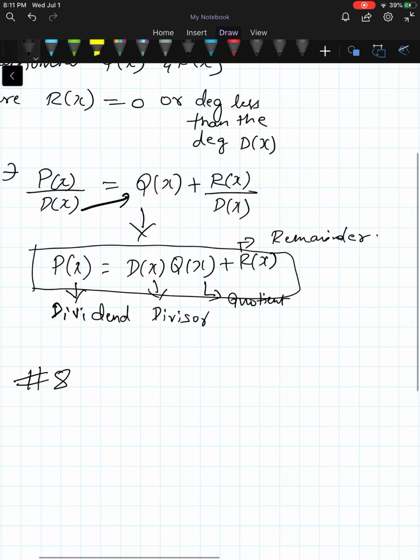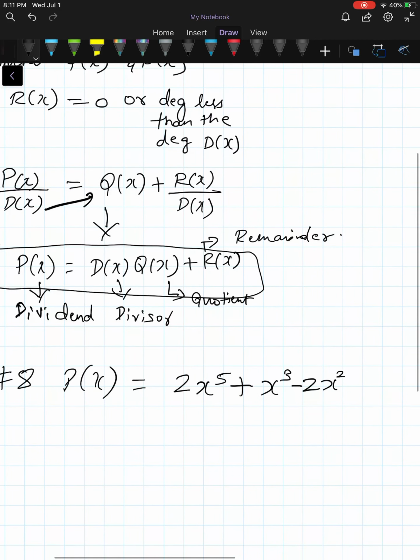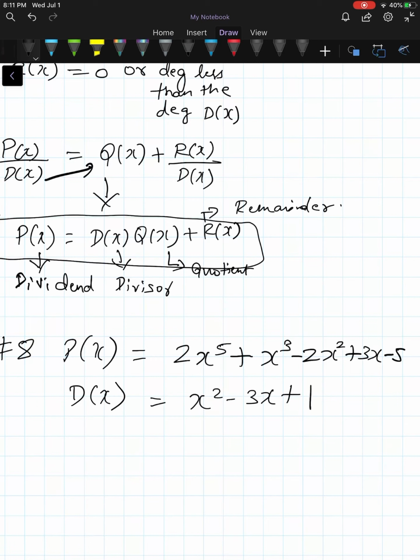This is problem number 8 in the book, which gives two polynomials p and d. P of x is equal to 2x to the power 5 plus x cube minus 2x square plus 3x minus 5, and d of x is x square minus 3x plus 1.